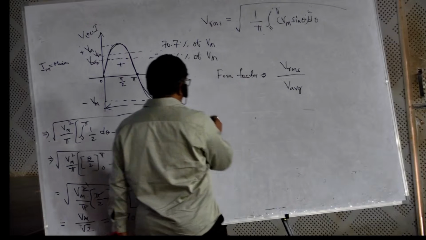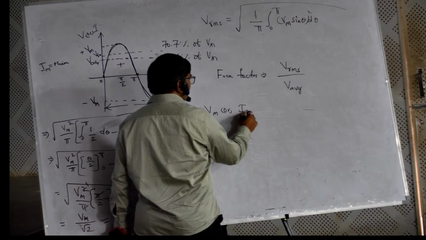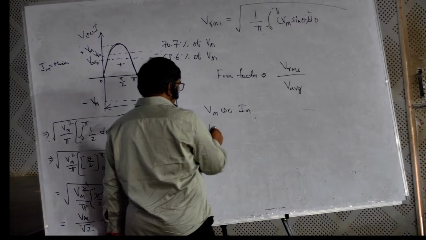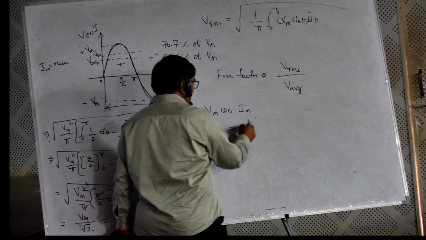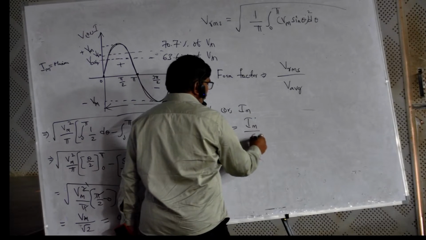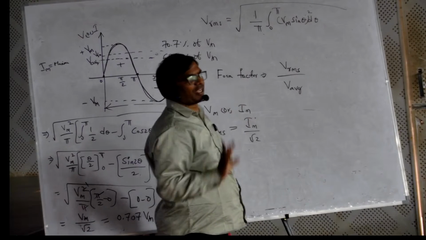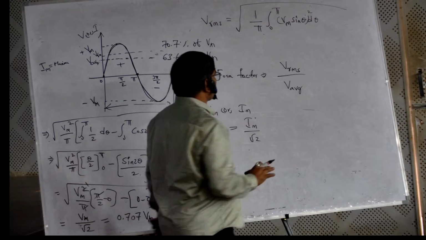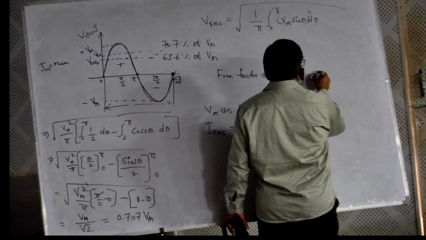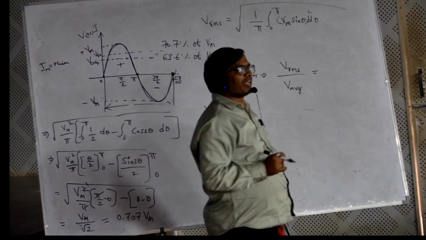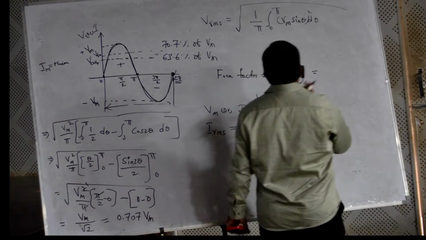I said always Vm, or you can write Im. IRMS is nothing but Im by root 2. Only the name V is replaced with I. So VRMS by V average, the ratio, is nothing but form factor.